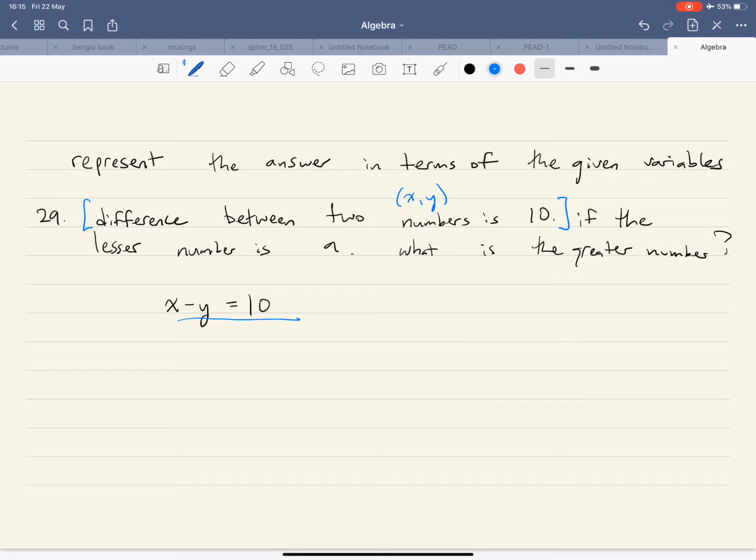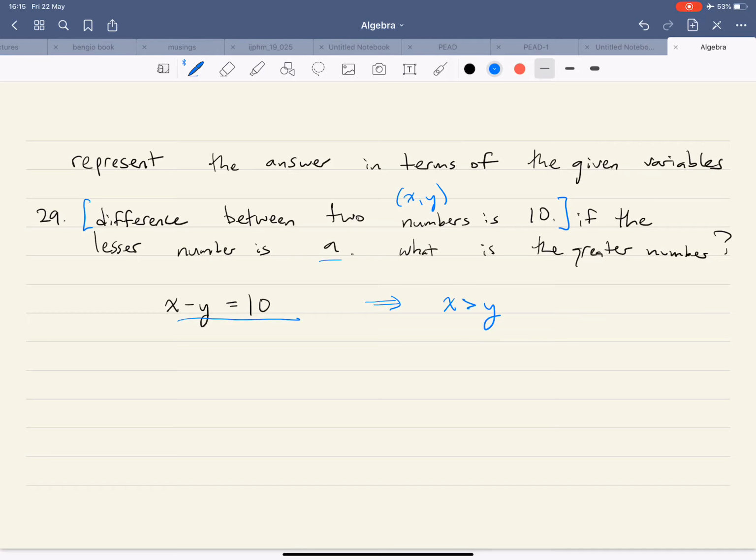Now I've got some more information. If the lesser number is A, okay, well, when I subtract two numbers and I end up with a positive number, that tells me that the number I was subtracting was smaller than the number I was subtracting from, right? x minus y equals 10 implies that x is greater than y.